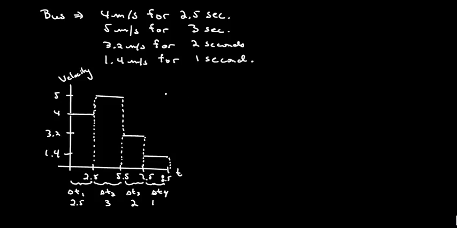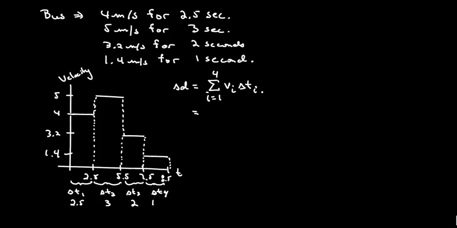Well, when we look for the change in distance, it's the sum, sigma i goes from 1 to 4, our n value is 4, of each of the velocities v sub i times their change in time delta t sub i.